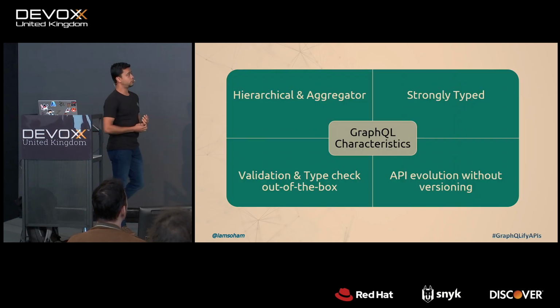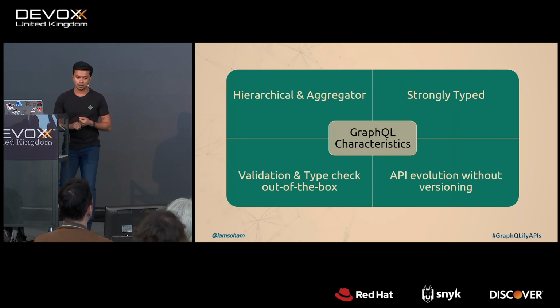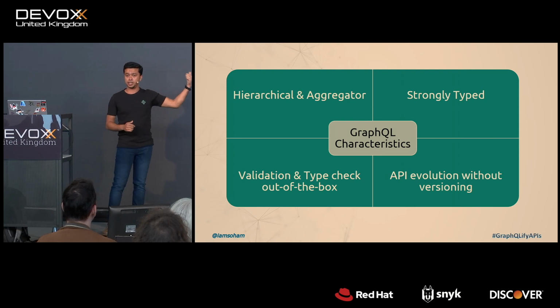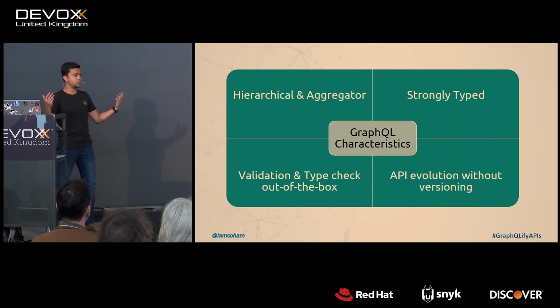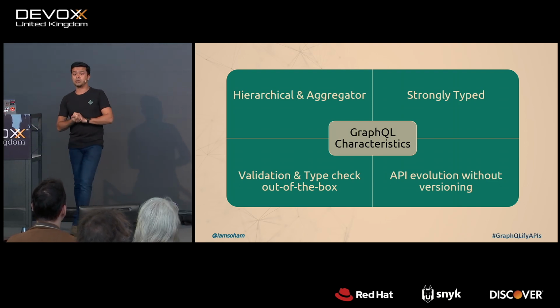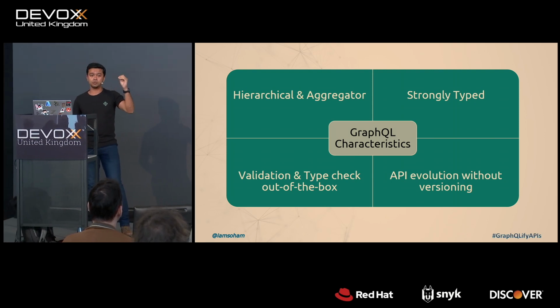So what are the four biggest characteristics of GraphQL? You have to remember it works on hierarchical data, and it aggregates from different data sources. So if you have a use case like that, GraphQL might be a good solution for it. It's strongly typed. So you define your entities. When you query, you define what you want to get.